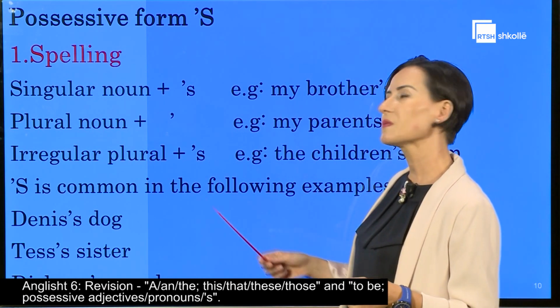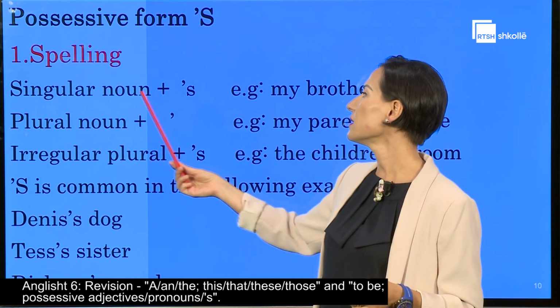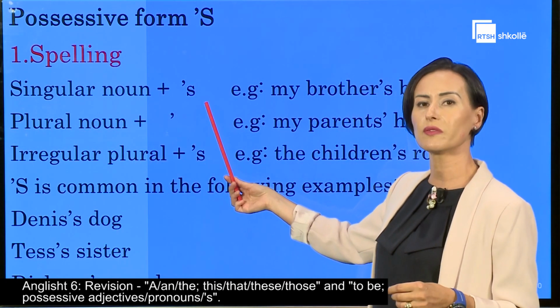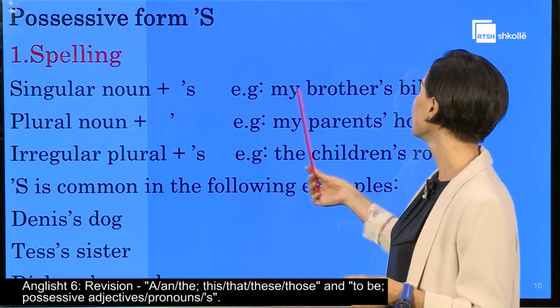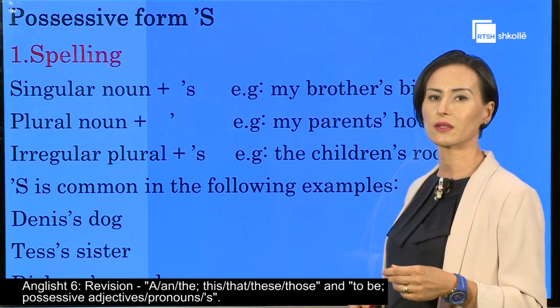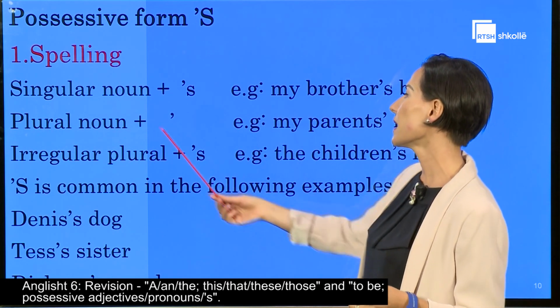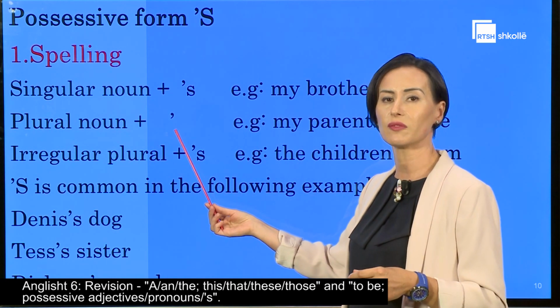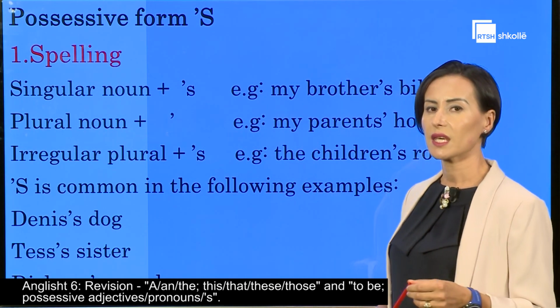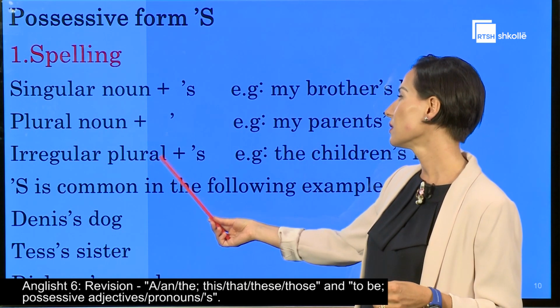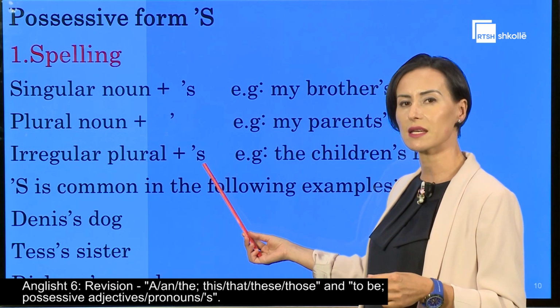Let's start with the spelling. Singular noun plus apostrophe and s. For example, my brother's bike. Plural noun plus apostrophe. My parents' house. Irregular plural plus apostrophe and s.